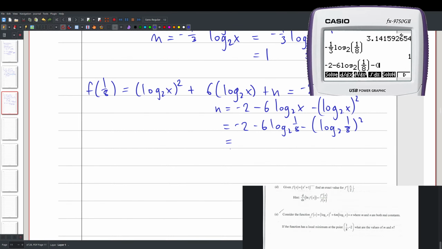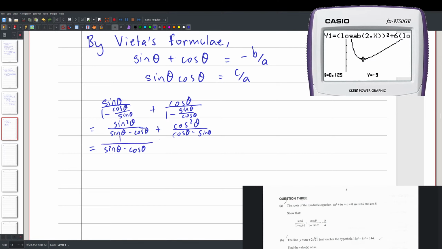Oh wait, yeah, that's right. Then you go sine squared theta minus cos squared theta on sine theta minus cos theta, because it's reversed on the denominator here.